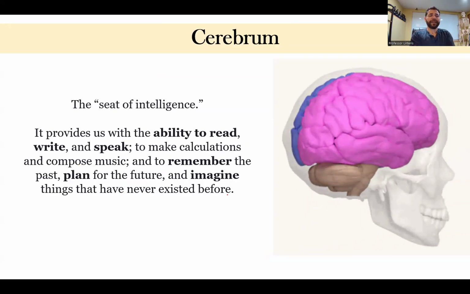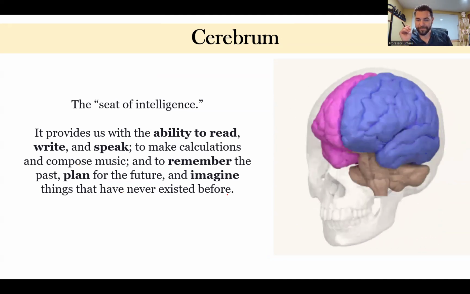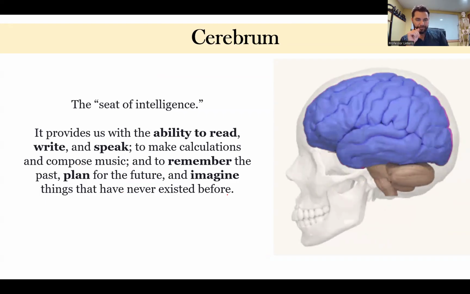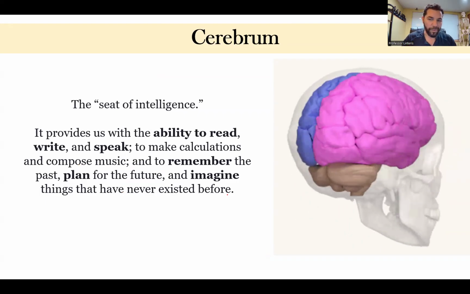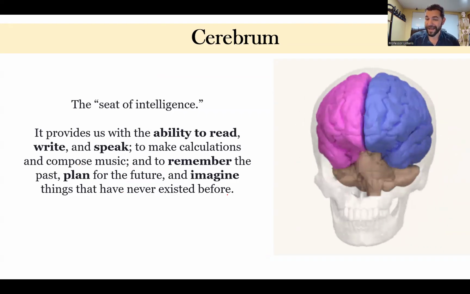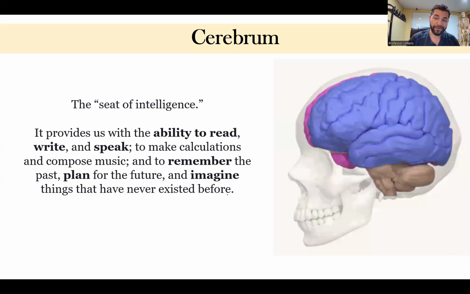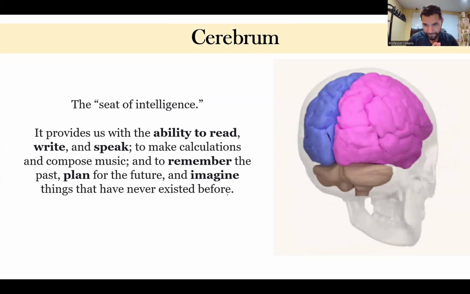In lab, obviously, you learn all the specific anatomy of all these different parts. But for here, we're going to not only introduce the parts, we're going to talk a little bit more about what they do and how they work. So the cerebrum, as you can see highlighted here by the blue and purple structures, has a lot going on.